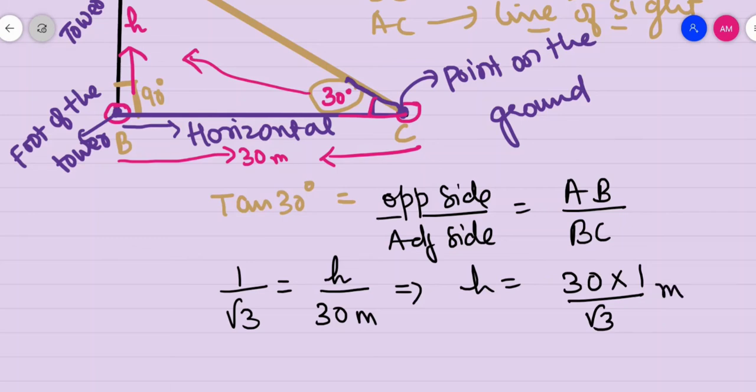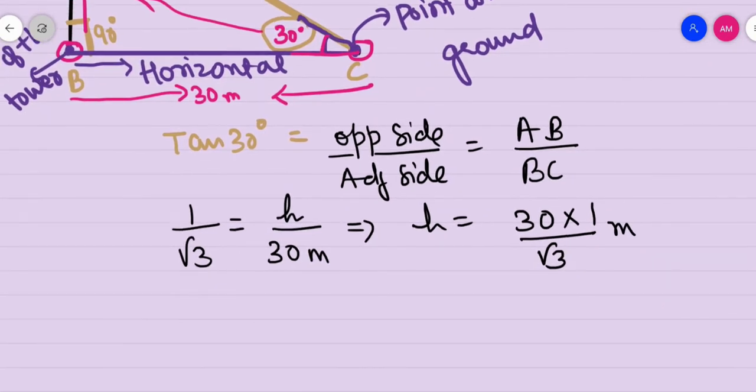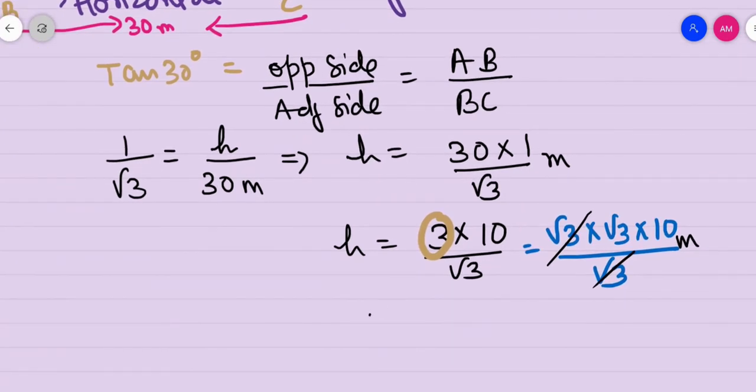Now how will you simplify this? 30 can be written as 3 into 10 by root 3, and this 3 can be written as root 3 into root 3. So you can cancel root 3, and you are left with the height equal to 10 root 3 meters.